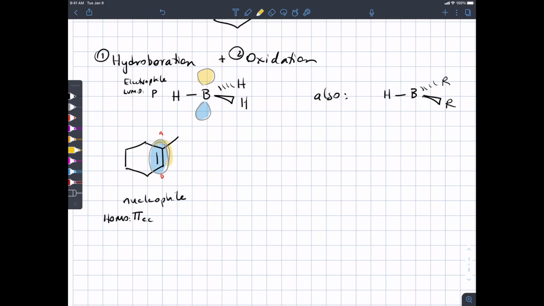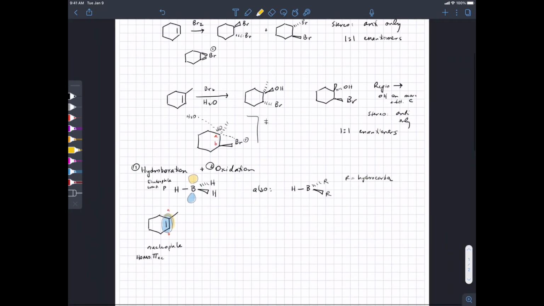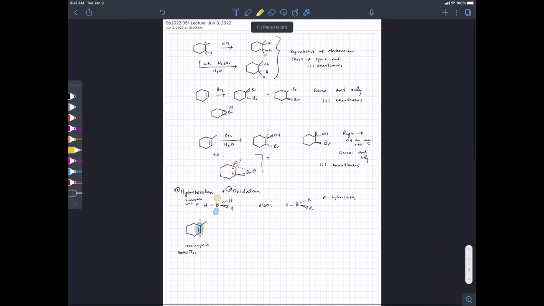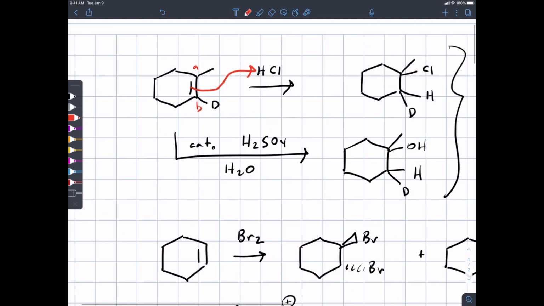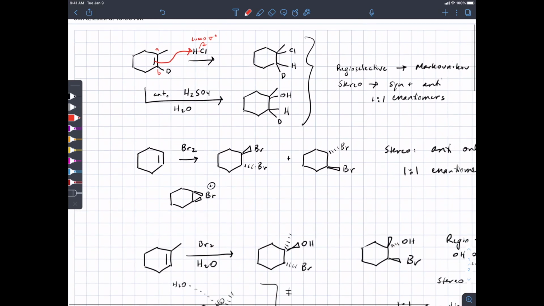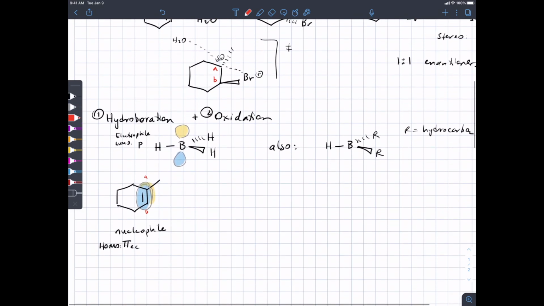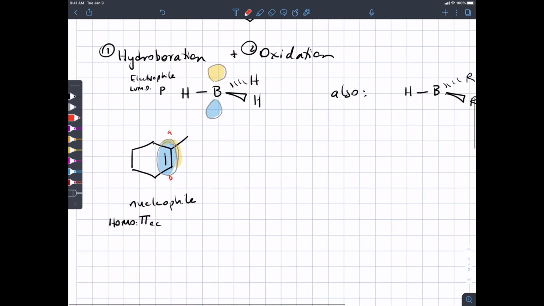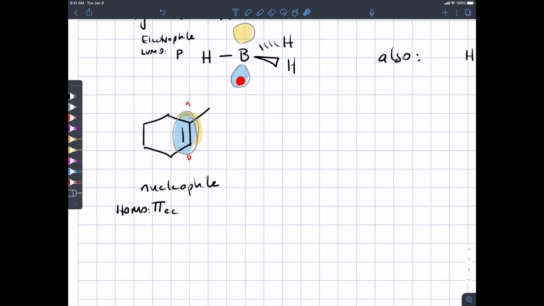Okay, so what we're going to do now, recognize that before, when the HOMO of the alkene attacked the LUMO of the acid, that was a sigma star anti-bonding orbital, and so we had to break a bond. We're going to do basically the same thing here, only this is a non-bonding orbital, so we don't necessarily have to do anything right away.